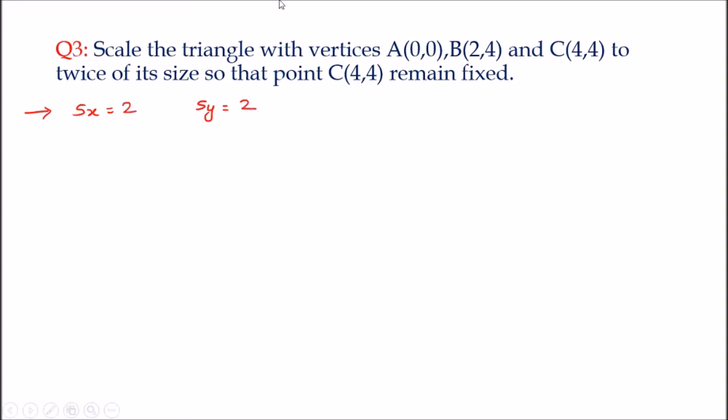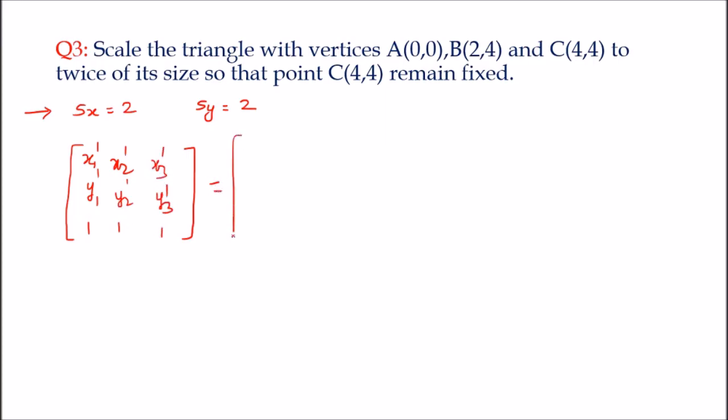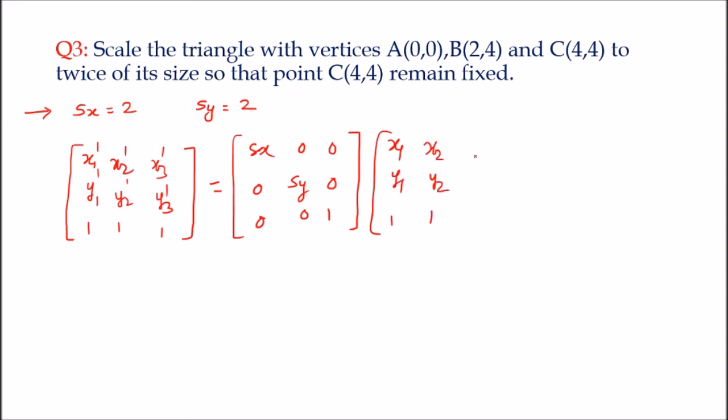Now first of all perform the scaling. How will we write the matrix? It is x1 dash y1 dash 1, x2 dash y2 dash 1, x3 dash y3 dash 1 equal to the scaling matrix Sx 0 0, 0 Sy 0, 0 0 1 multiplied by the coordinate matrix x1 y1 1, x2 y2 1, x3 y3 1.